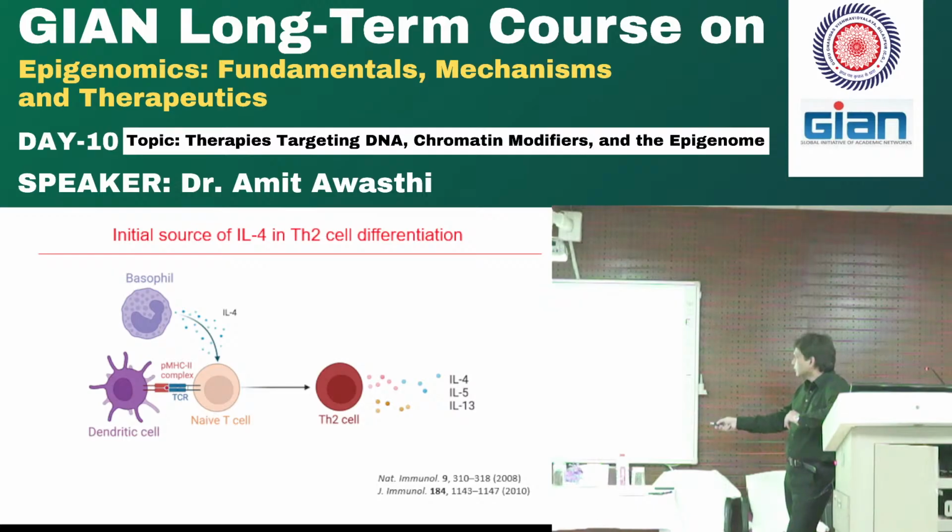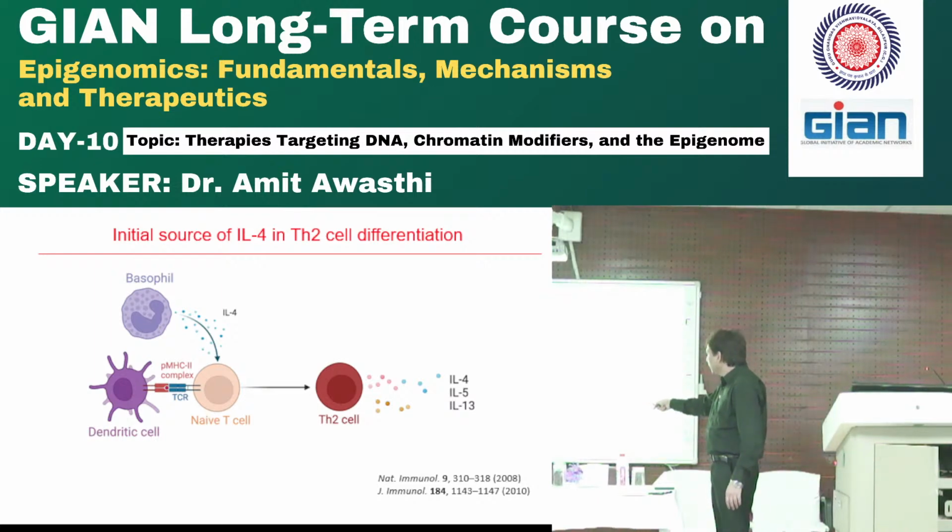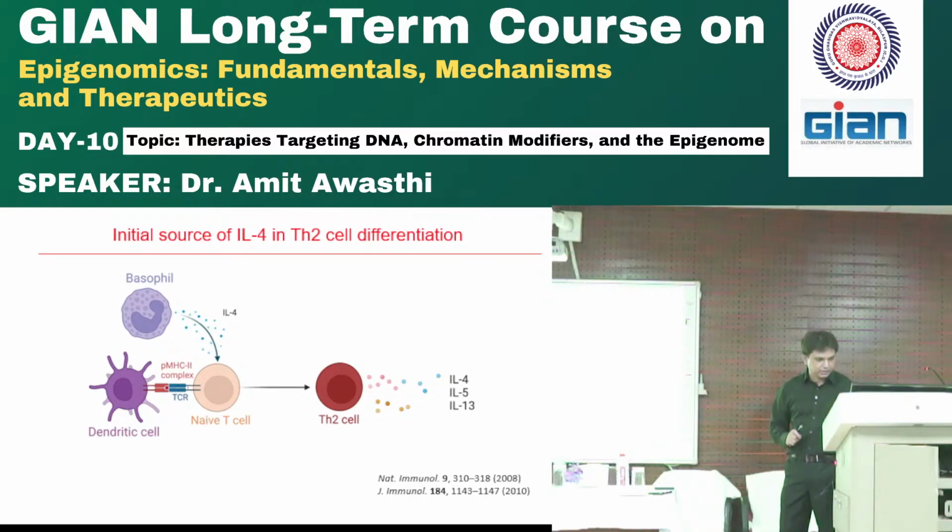During this, the naive T cells are getting activated, but the basophil also comes into the picture, giving this initial IL-4, and then they become Th2, and this IL-4 bakes more and more, right? So initially you need this, but later on you have more naive T cells, and those naive T cells can be driven by the IL-4 produced by Th2, right? So only a very small amount is required in the beginning, at initiation.